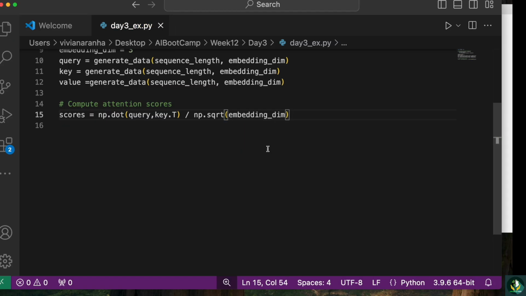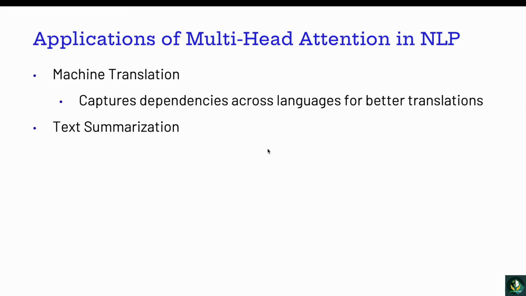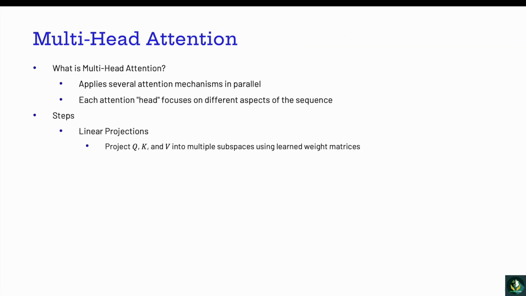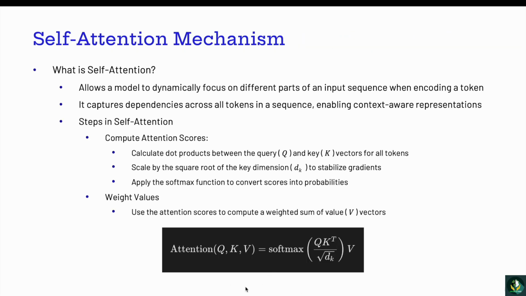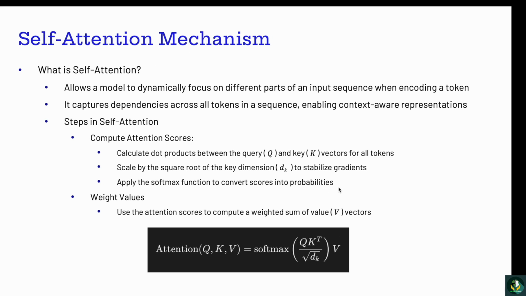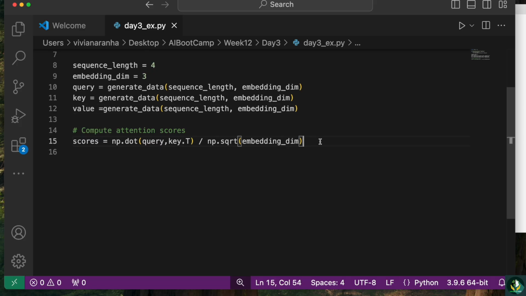Now, where do I get this from? Again, if you go back to our slide on the single attention mechanism, here softmax of Q K transpose divided by square root of d_k. So that's what we are doing here.